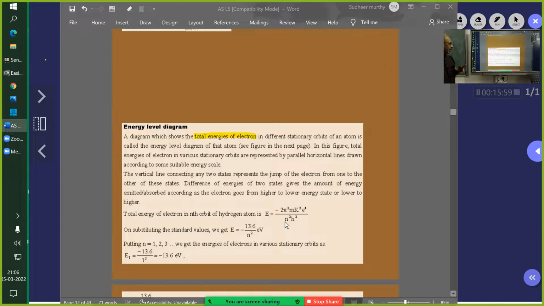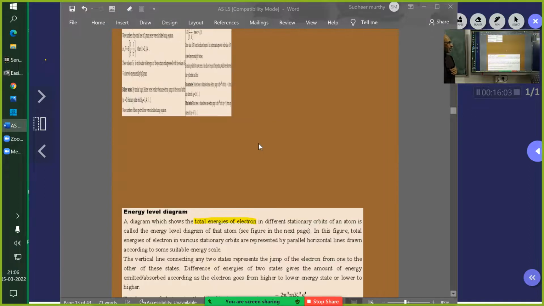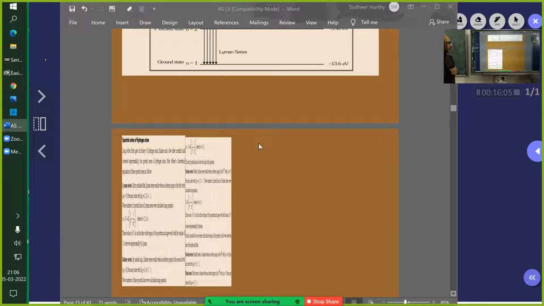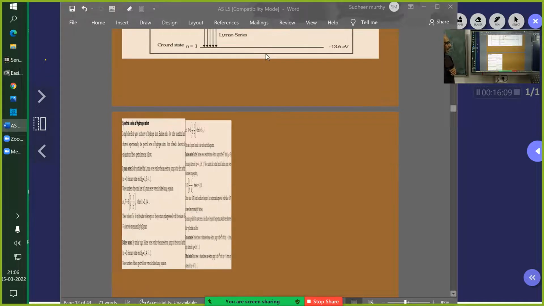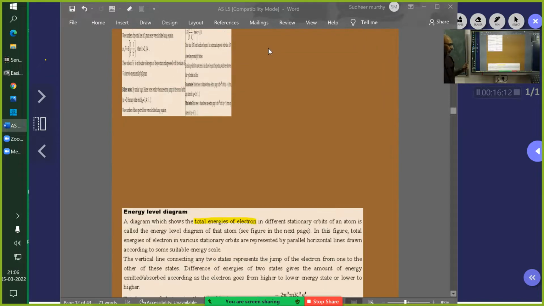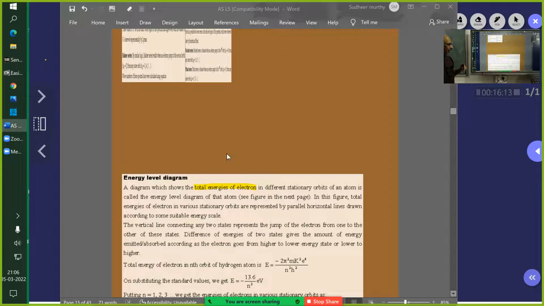Now in the energy level diagram, what is most important, in theoretical examinations or otherwise for understanding, is what these lines represent. These lines are representing the total energy, not just the energy, because the energy at each level has two components: one is the potential energy, the other is the kinetic energy.